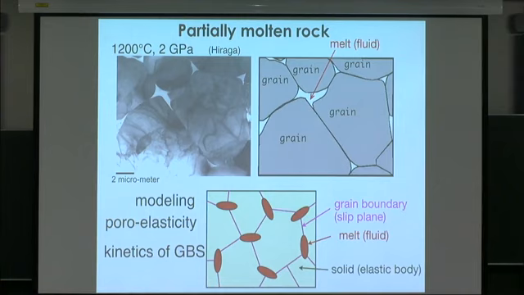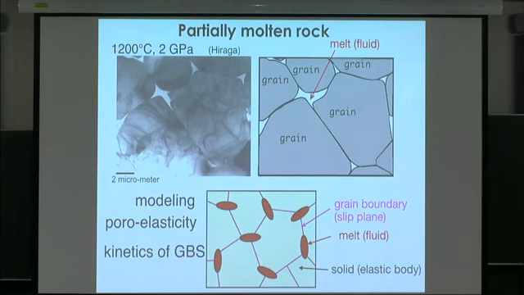Because the laboratory samples usually have very small grain sizes like this, to avoid thermal cracking between heating and cooling, in the application to the mantle, extrapolation of the grain boundary from a few micrometers to a few millimeters is necessary.